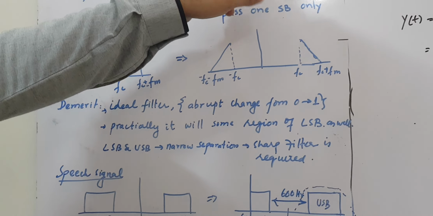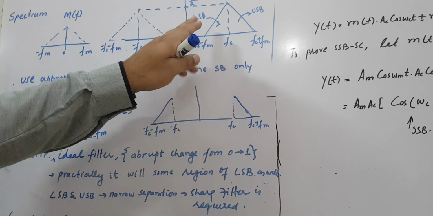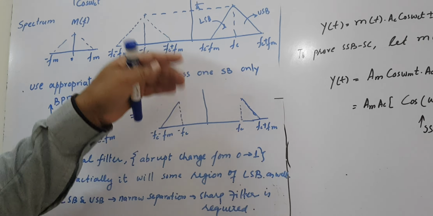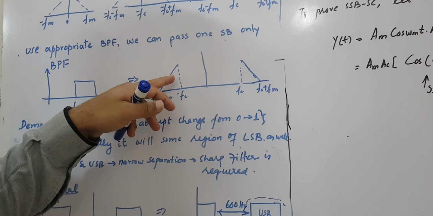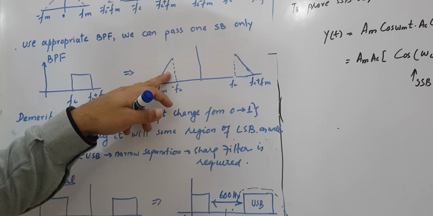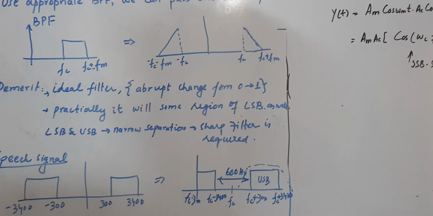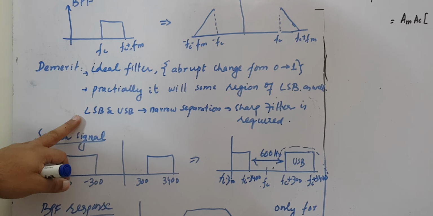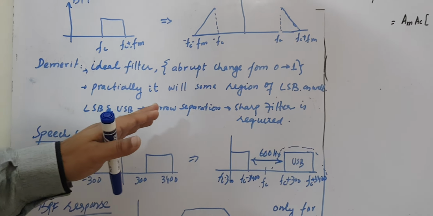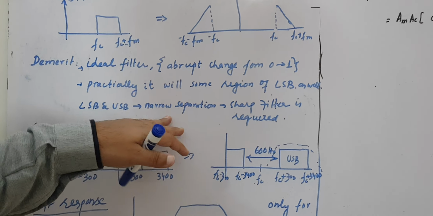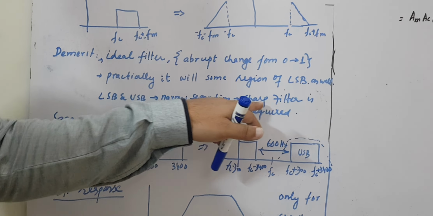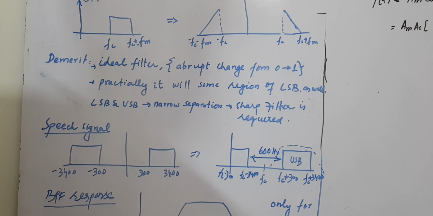There will always be some portion of the other sideband passing through. Suppose you have generated the upper sideband, there will be some portion from the lower sideband. There is a very narrow separation between the lower sideband and upper sideband, so you have to design a very sharp filter, which is not easy.